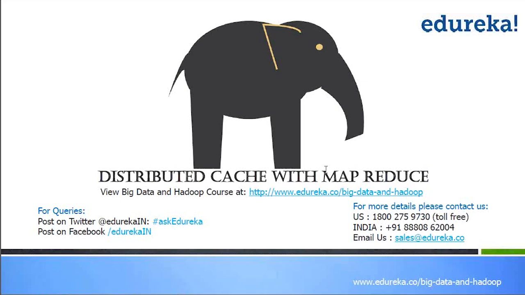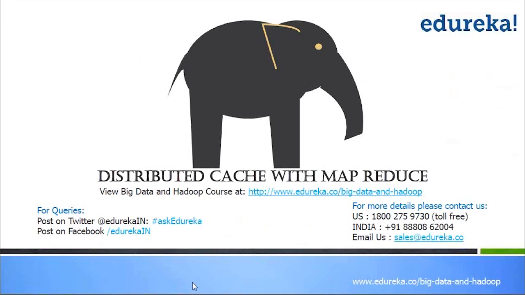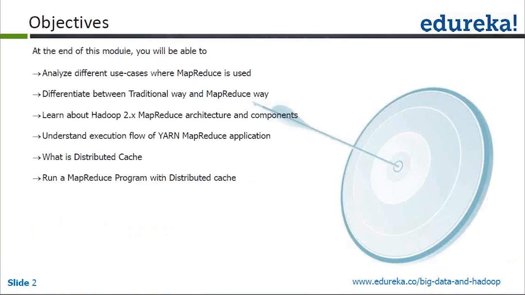Okay. So let's see what we have for today. As I said, this is part of the advanced concepts of MapReduce, that advanced MapReduce module. So let's see what we have. Before that, we'll talk about the use cases where MapReduce is being used, and again we'll talk about how MapReduce as a paradigm is different from your traditional ways of processing.